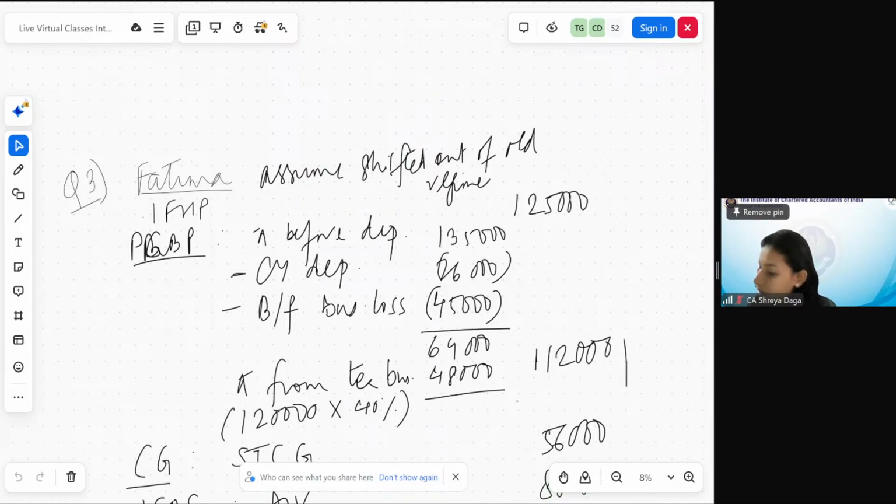Okay. What is the GTI? 3,73,000. What are the carried forward losses? Any loss which has got wasted?